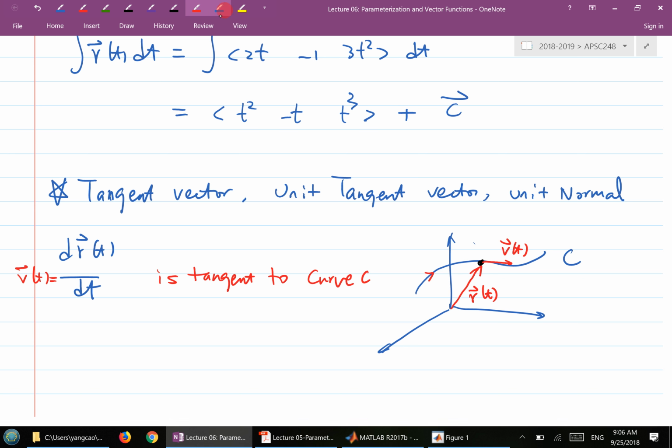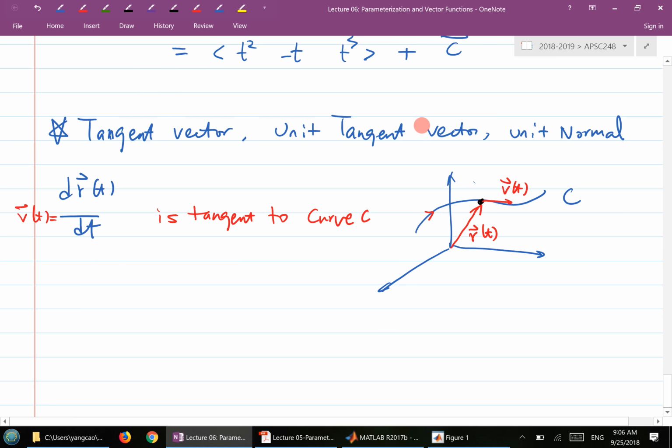So instead of calling it the velocity now, I'm going to call dr over dt a tangent vector to the curve C. So we define a tangent vector T, which is dr over dt. Nothing new here, right?